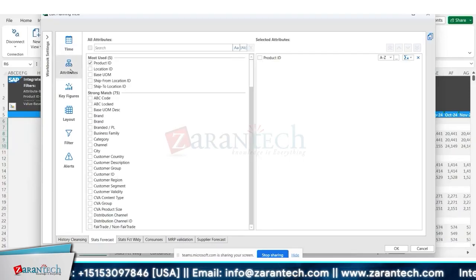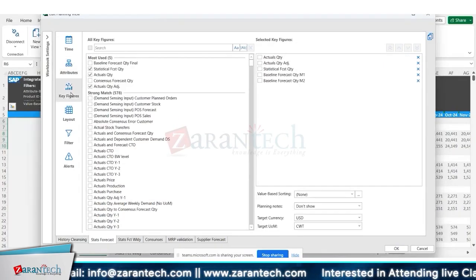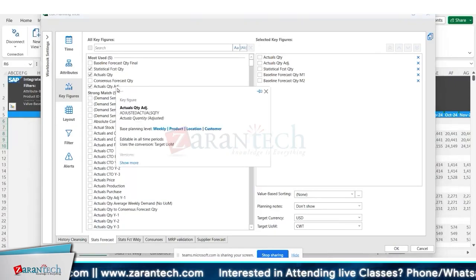Then in the attributes, for simplicity, I have only considered product ID. Okay, so you can select product ID in the attribute. In the key figures, you have actuals quantity, then actuals quantity adjusted. Okay, so before we move on with this, I have one question. Where do you store your sales history?